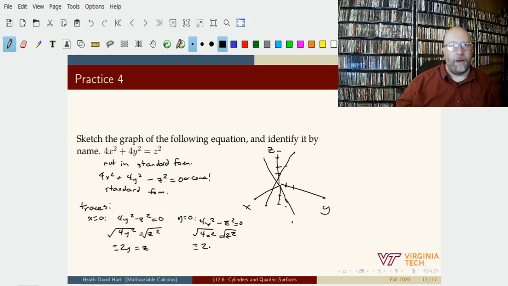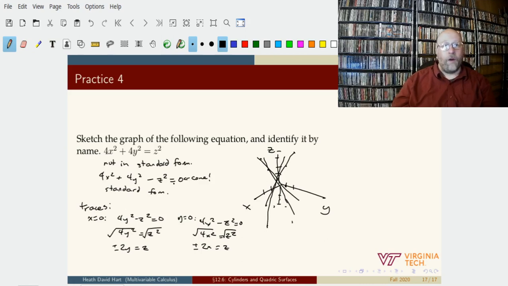And plus or minus 2x is equal to z. So when x is 1, z is equal to 2. When x is 2, z is equal to 4, or negative 2, or negative 4. And so we get lines in the xz plane as well.